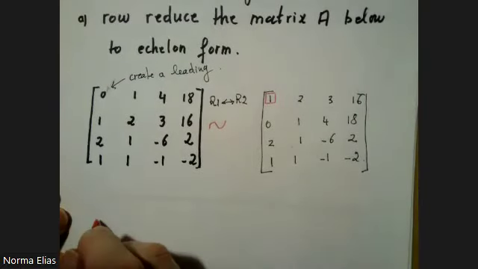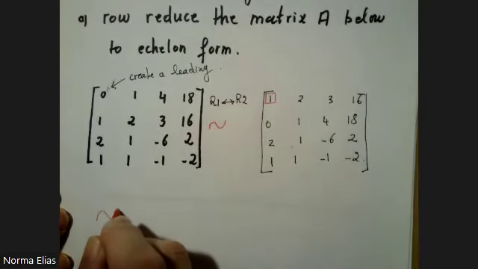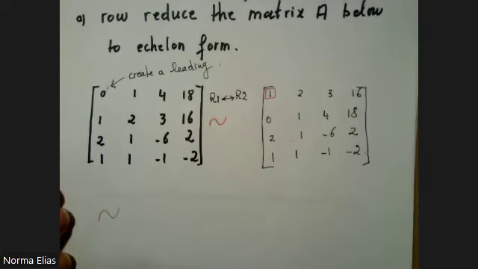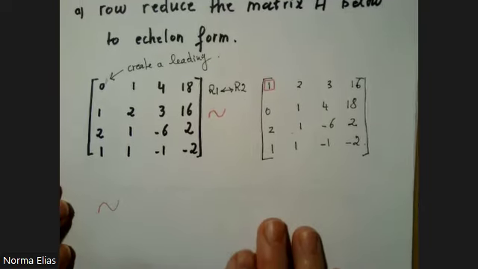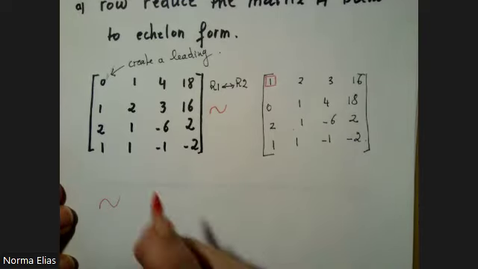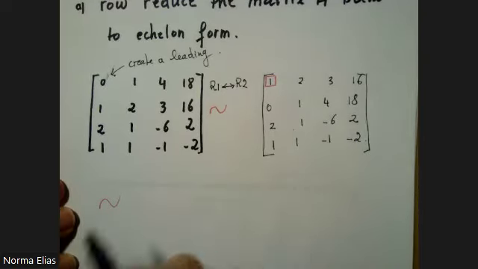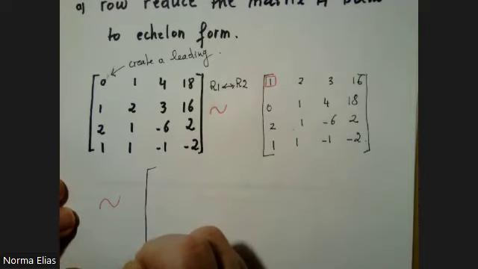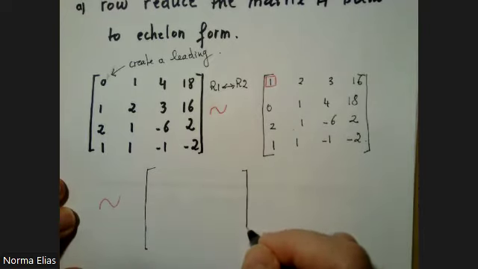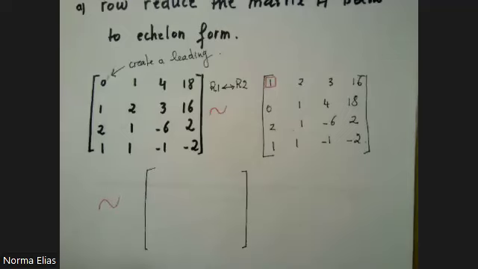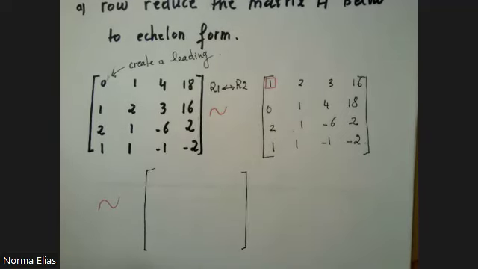So remember, this wavy sign means that those are equivalent matrices, because we're getting them from each other by performing row operations. And I want you to tell me, how can I get a 0? Which row operation will help me to get a 0 here? Replacement, absolutely correct. We're going to do a replacement.